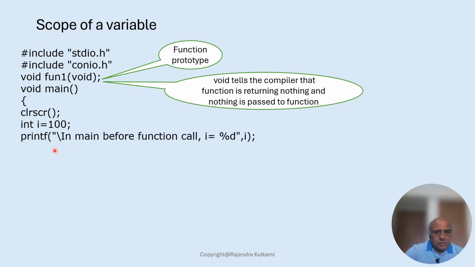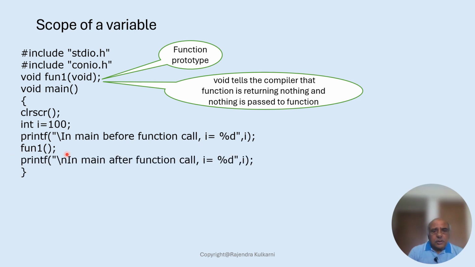That printf statement displays it onto the screen. Then we call fun1, the function. After the function, another statement in the main appears: in the main, after function call, i is equal to %d, i.